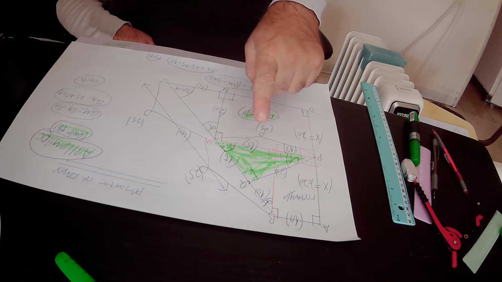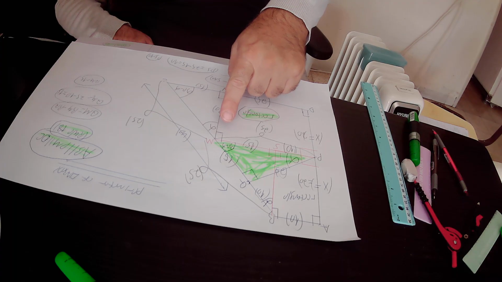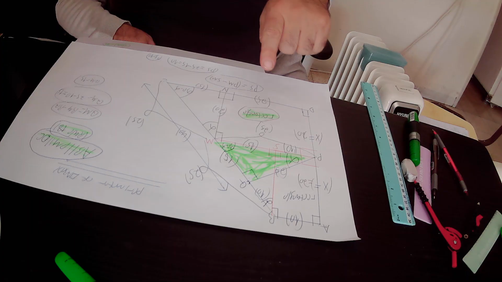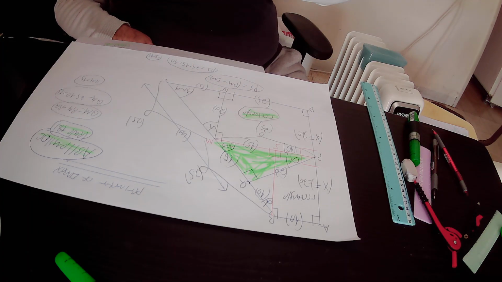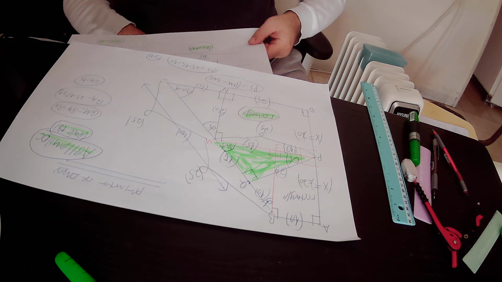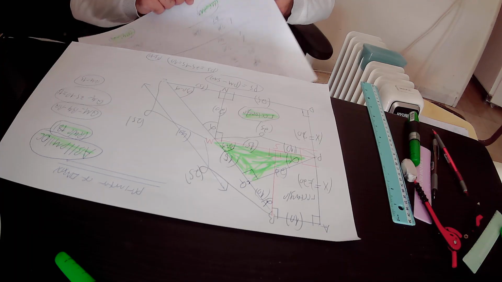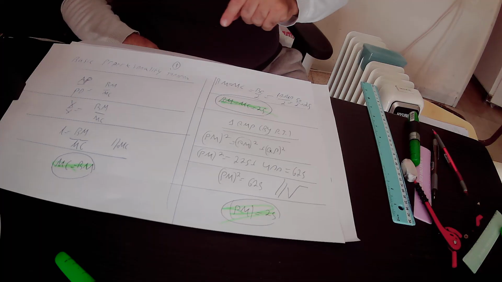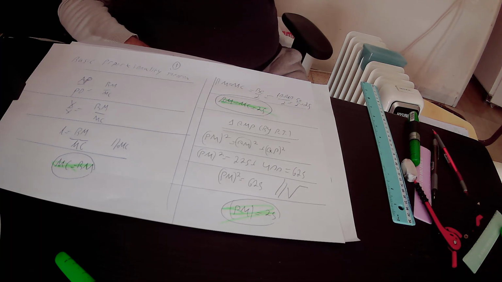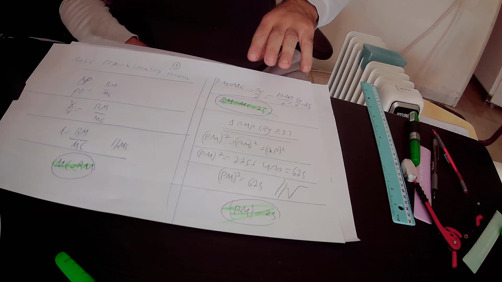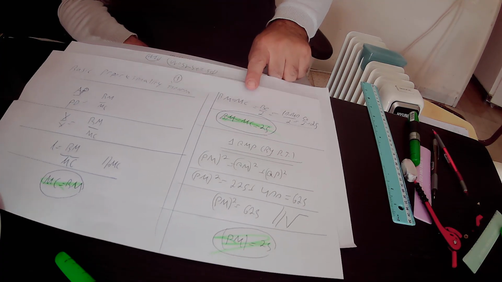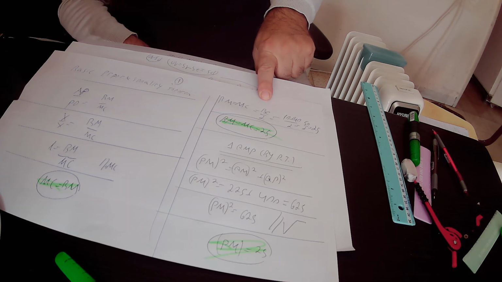The first half is BM, and it is of course equal to the second half, that is MC, and each half equals BC over 2 because BC has been bisected into two halves.